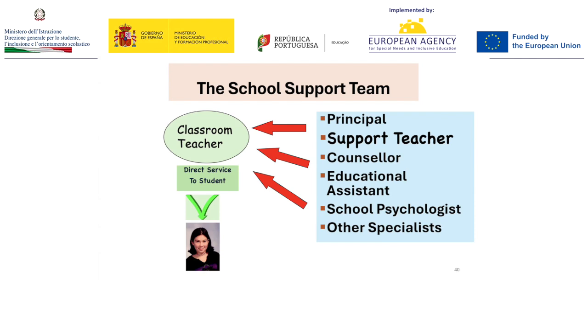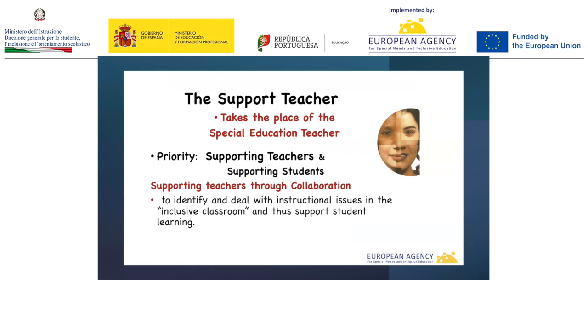That's why they're employed, to assist classroom teachers to be successful in delivering direct service, off to the left, direct service to students. So that's one of the essential elements, I think, in determining and monitoring whether a school is effective or not. Is there a school support team? Is it clearly identified? Do they do their work consistently to support teachers?